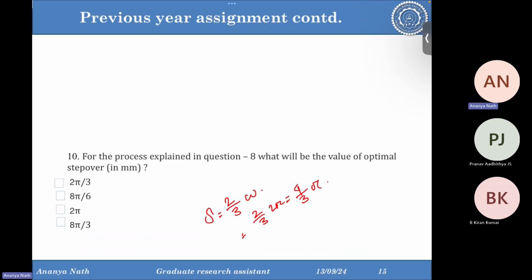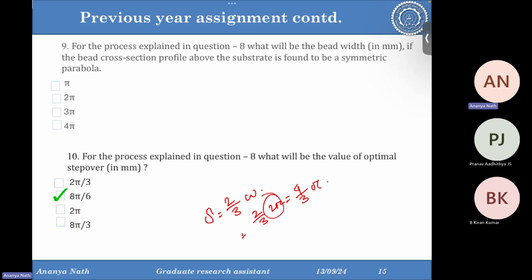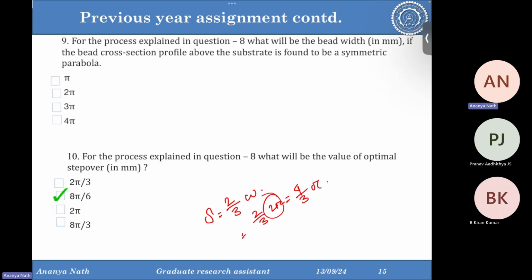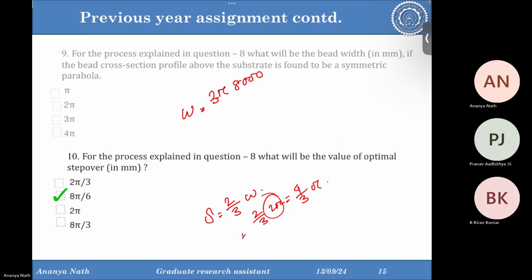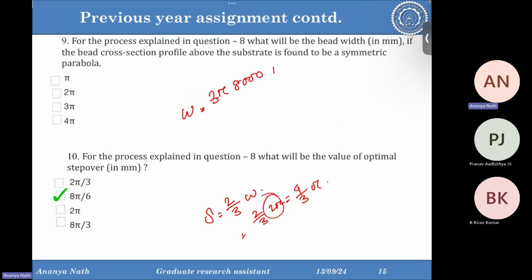Why I have written 2 pi, you will see now. Because for the process in question number 8, I have solved this, so I know the answer. Here you have to calculate the width. So now the width formula is 3 pi 8000, because 8000 was this feed, 1 by 8 into 3 rho into 3 into 500, which is coming as 2 pi.